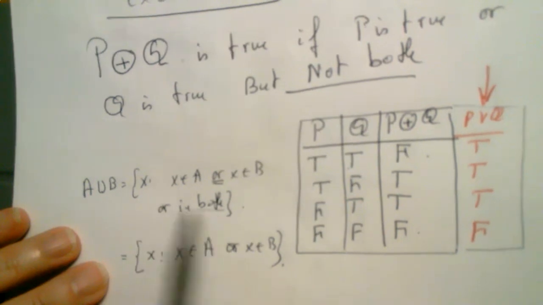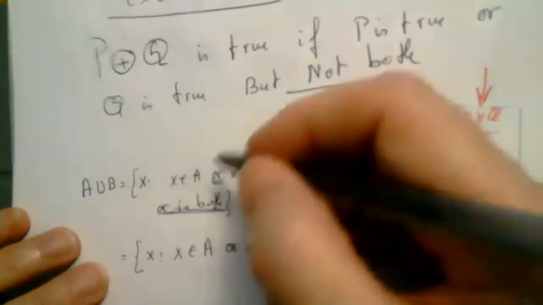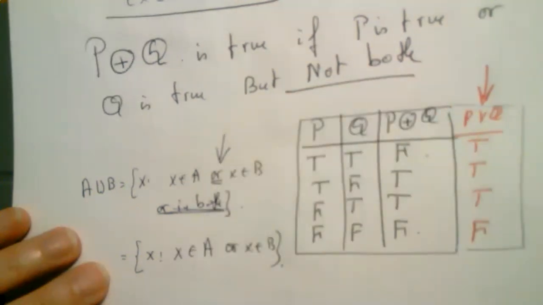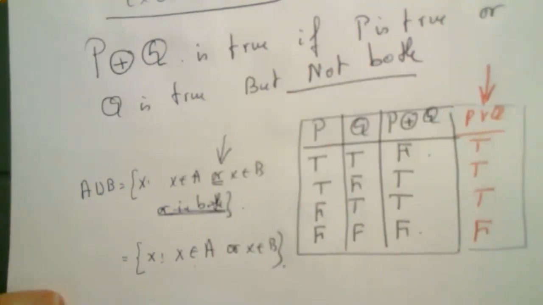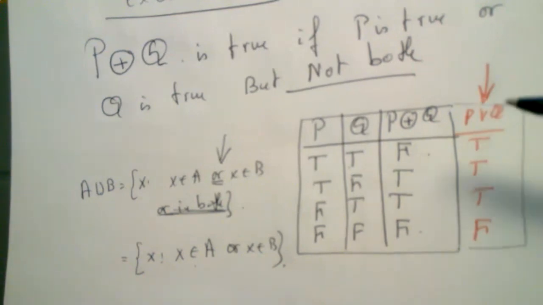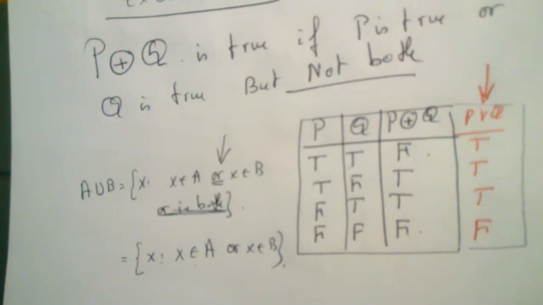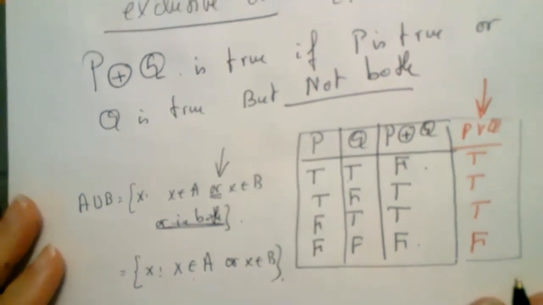So I didn't need to write 'or in both'. The reason I wrote it is that I hadn't yet introduced the meaning of OR in math. So we have to be careful with OR: it's true if both are true, and there is a different OR, called the exclusive OR, that has this truth table.